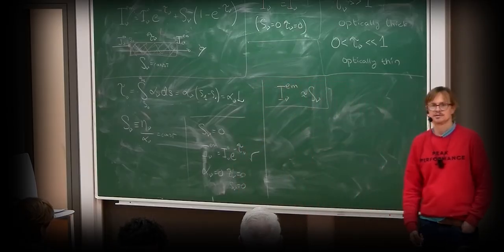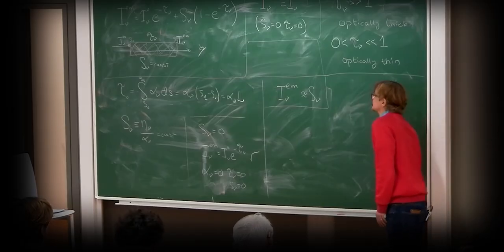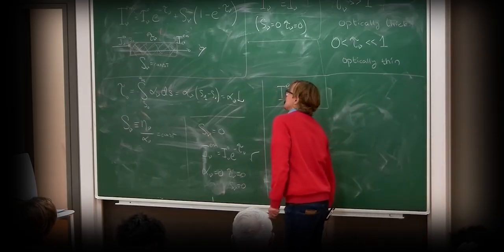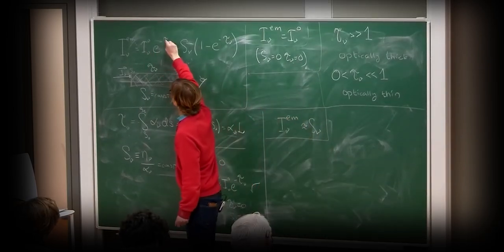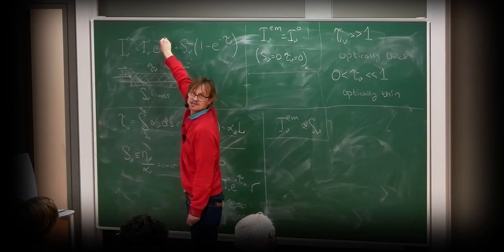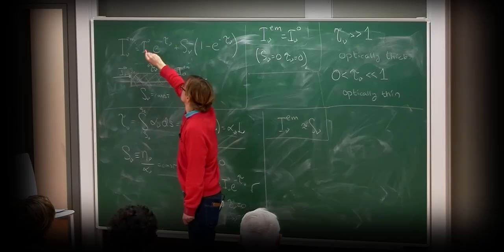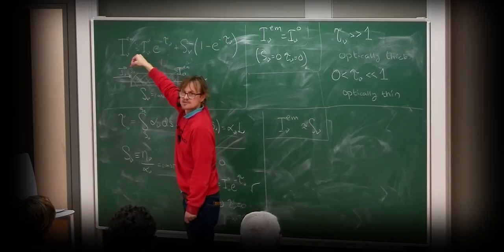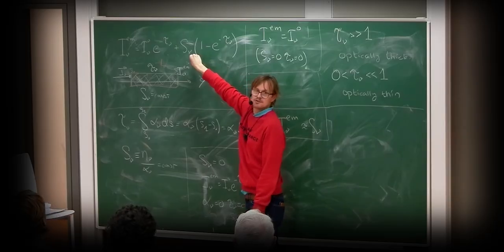Hence the name, source function. What I have just done is neglect e to the minus tau nu if tau nu is much, much greater than 1. If you compete with an exponential, you will always lose. So this will go to 0, and similarly here, so you're left with only S nu.